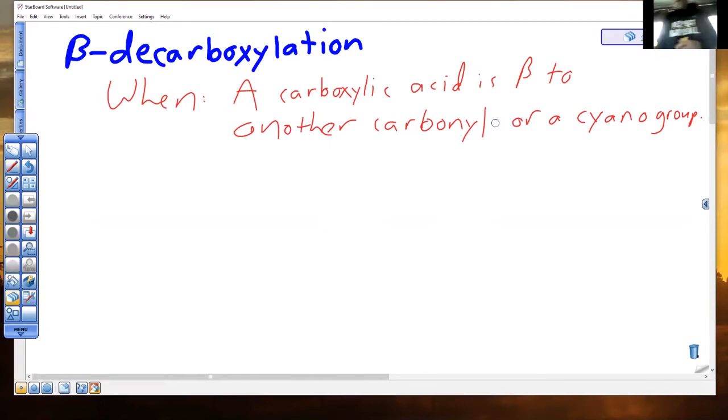Here's an example. And we'll have this molecule right here.